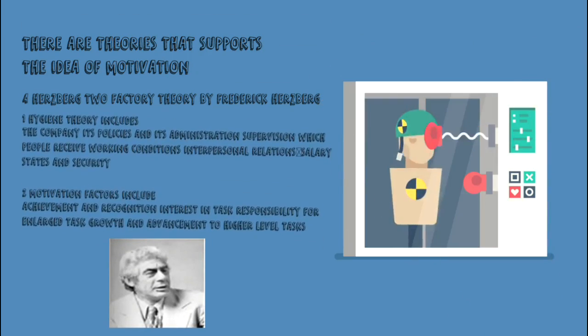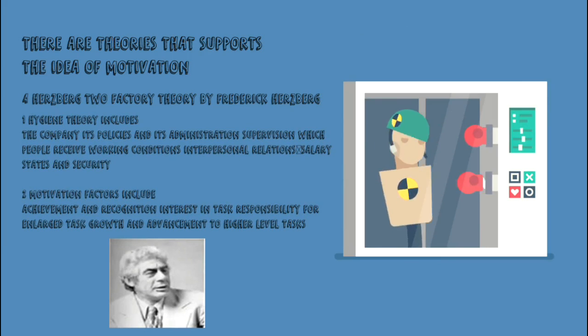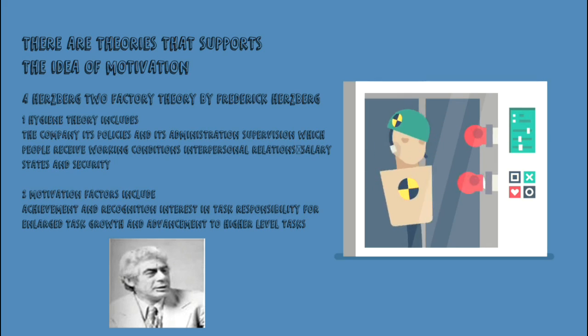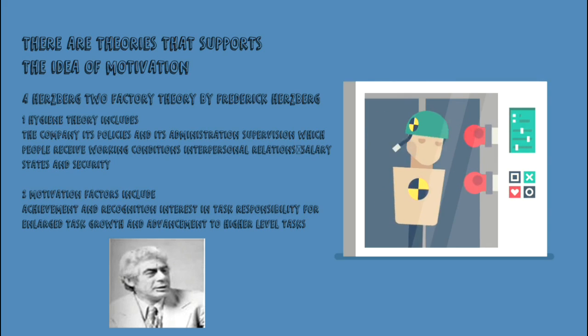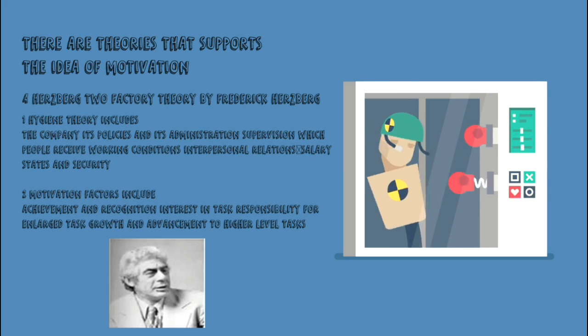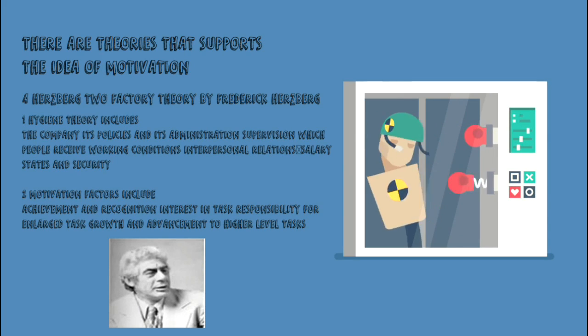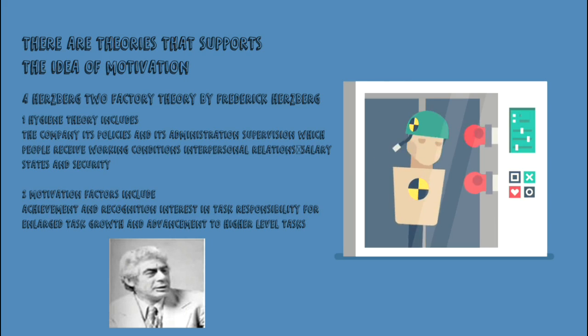Number 1, hygiene factors include the company, its policies, and its administration, supervision which people receive, working conditions, interpersonal relations, salary, status, and security. Motivation factors include achievement and recognition, interest in the task, responsibility for enlarged tasks, and growth and advancement to higher level tasks.